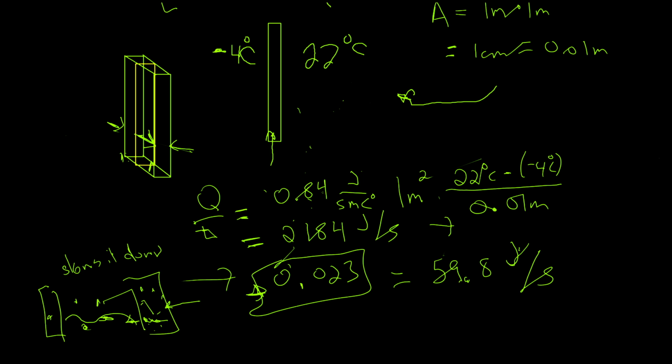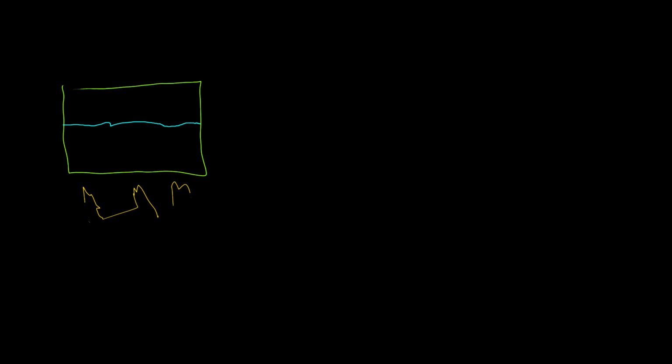There's another form called convection. Convection happens when a fluid changes density. So if we have a fluid like water, and I'm heating it from below, this heat will cause the water immediately underneath it to heat up.